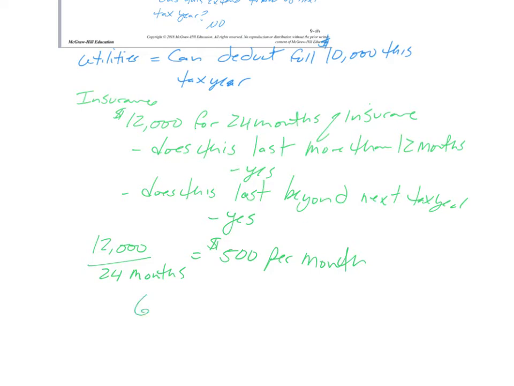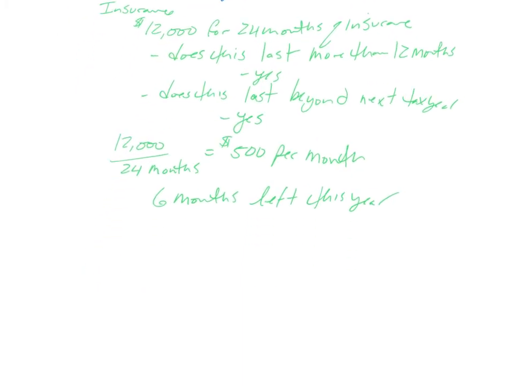We've got 6 months left this year. Insurance deduction equals 6 times 500 equals $3,000. So that takes care of insurance.